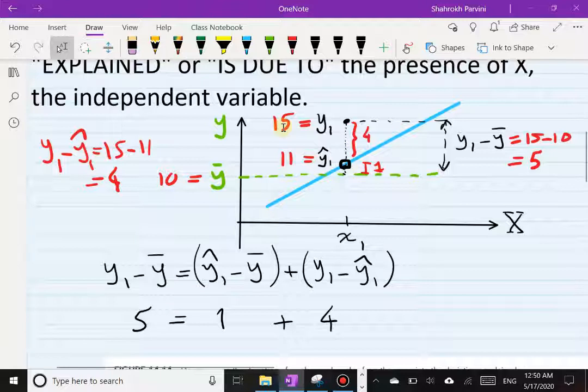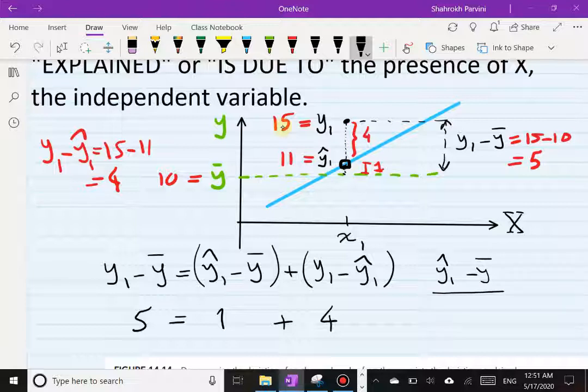If I look at what percent of that deviation of 5 units is due to the regression line, I can take the ratio of y hat 1 minus y bar to y1 minus y bar. That was 1 out of 5, and as a percent, that's 20%, which is a low number, right?